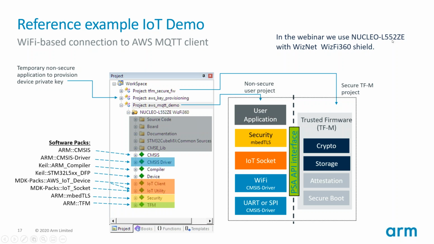This is a Cortex-M33 device from ST that they have just recently, probably a few months back, launched publicly, and I will use a WIZnet Wi-Fi shield that just gets on top of this Nucleo board. It's an Arduino shield that easily connects to the Nucleo board.